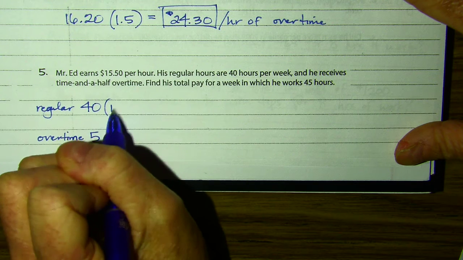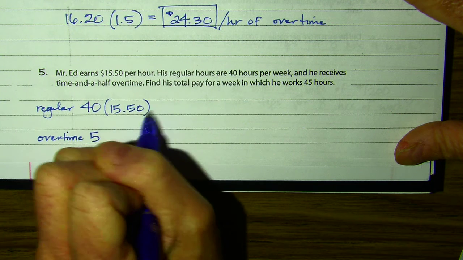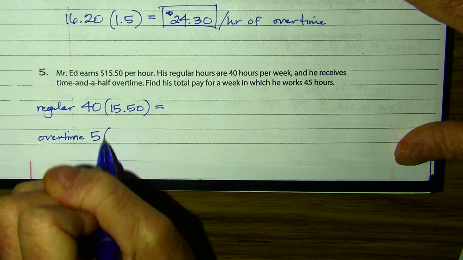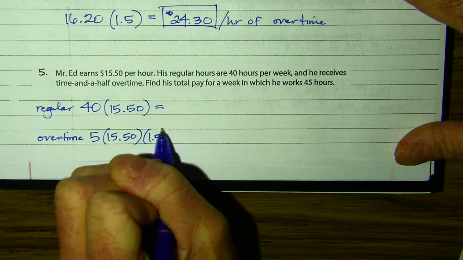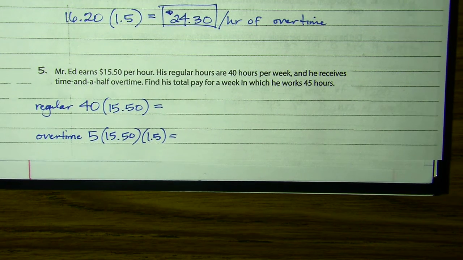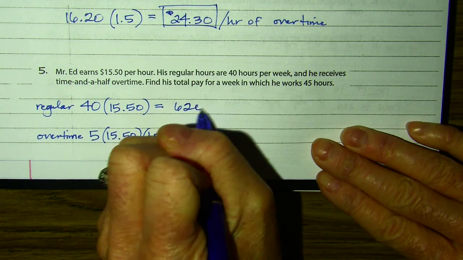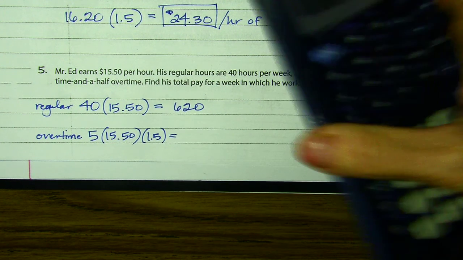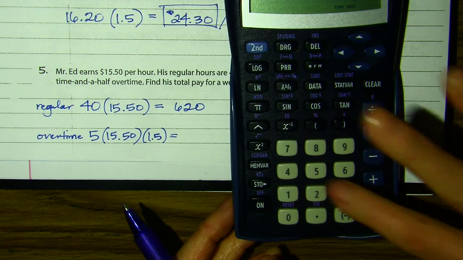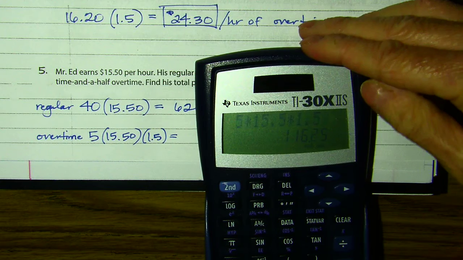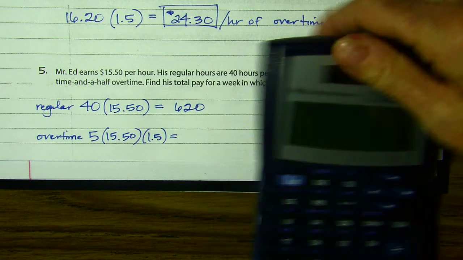So his regular rate is $15.50. His overtime rate would be $15.50 times 1.5, and we can just do it all at once. So 40 times $15.50, I got $620. And then 5 times 15.5 times 1.5, I got $116.25.